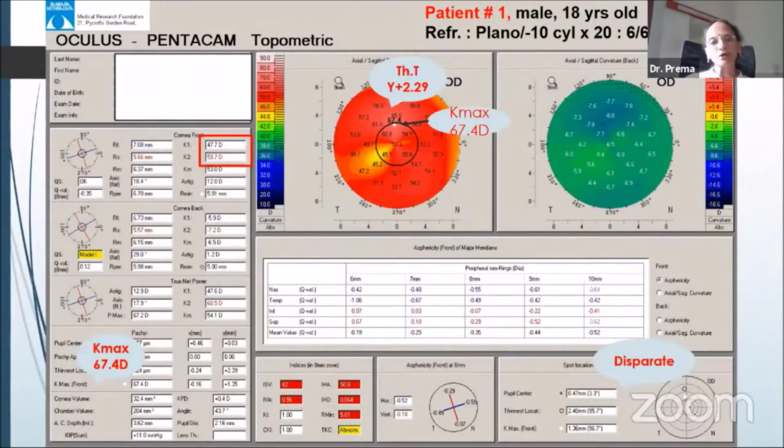Now, you would expect a cornea with such a high K-max to be a highly prolate cornea. But in fact, this isn't. If you look into this box, you will find that a predominant part of the cornea is actually oblate.